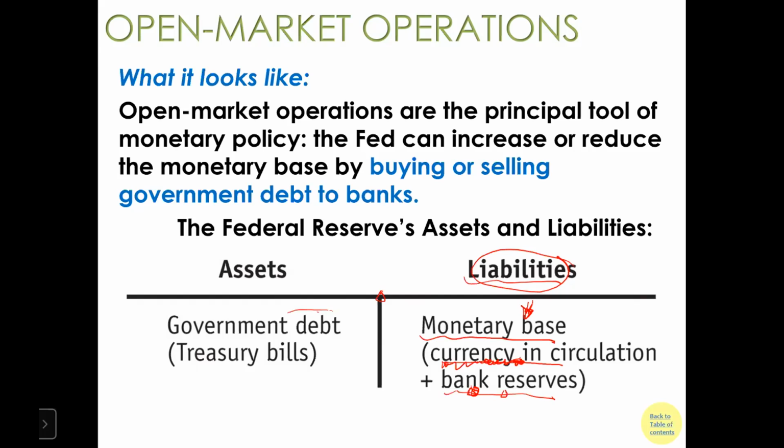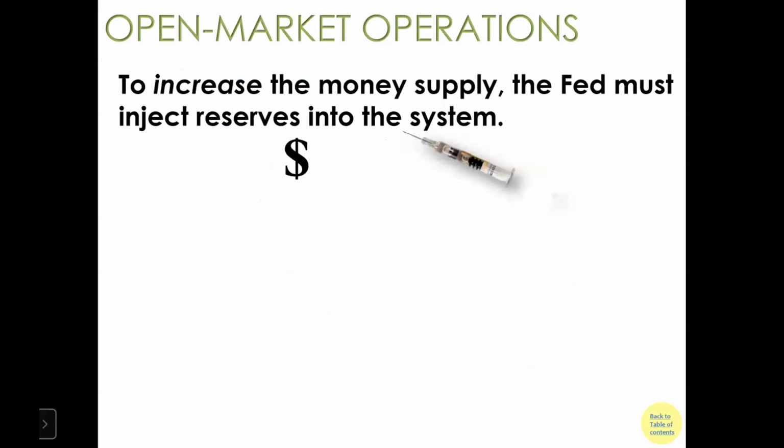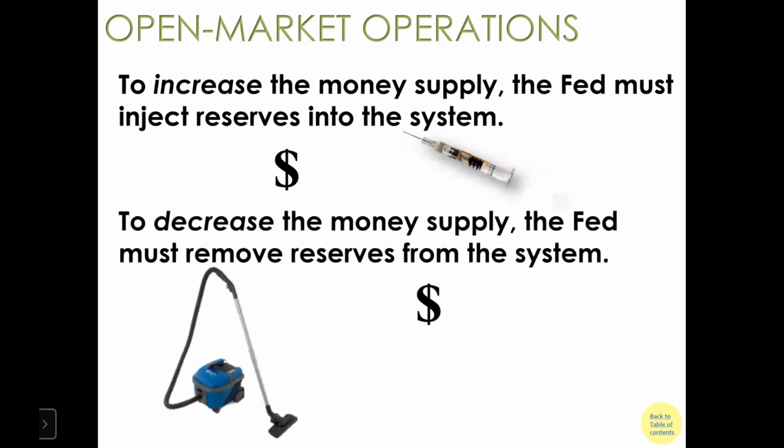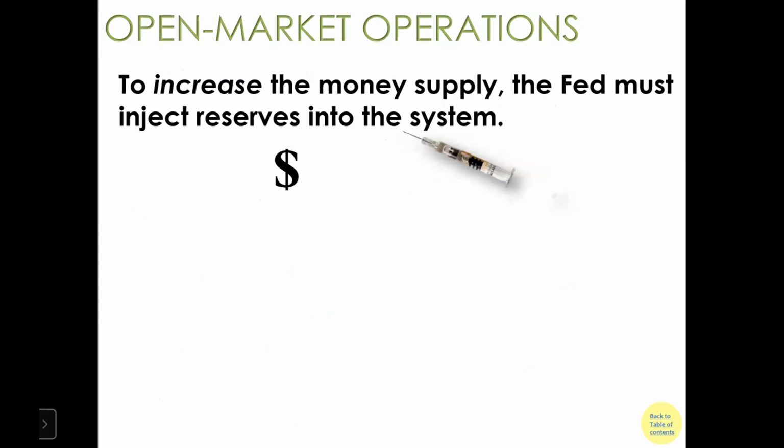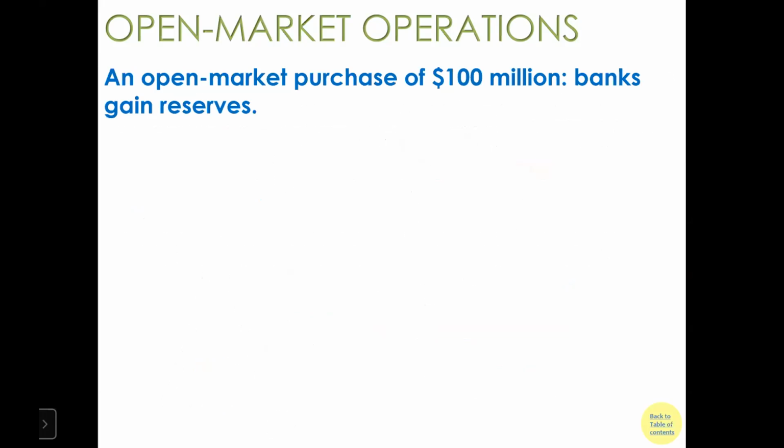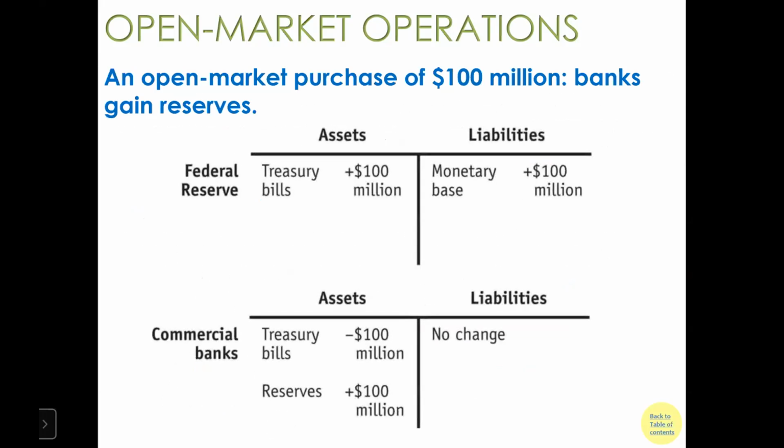Okay, now given this account for the central bank, we can see how the central bank can increase money supply. Usually the way the central bank increases money supply is by purchasing treasury bills.